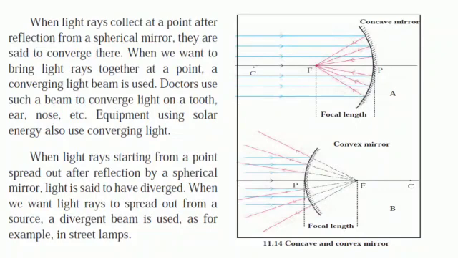When we want light rays to spread out from the source, a divergent beam is used. For example, street lamps have a convex surface, so light is diverged. So these were the examples and uses of concave and convex mirrors: how the images form, how the rays are collected, and how they converge and diverge. So that's all about concave and convex mirrors.